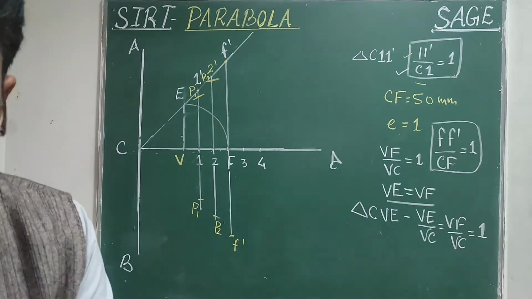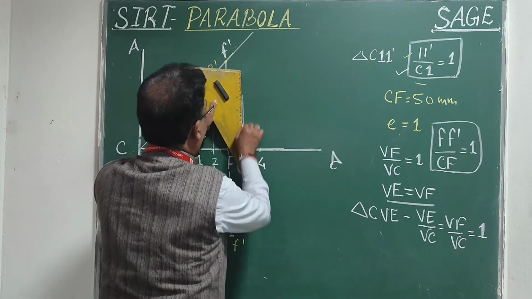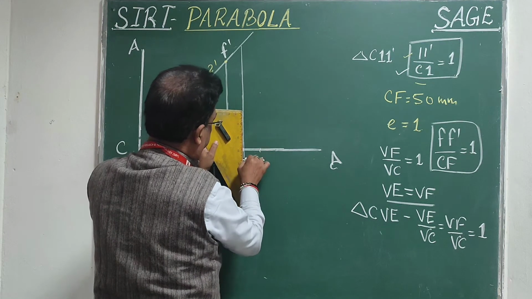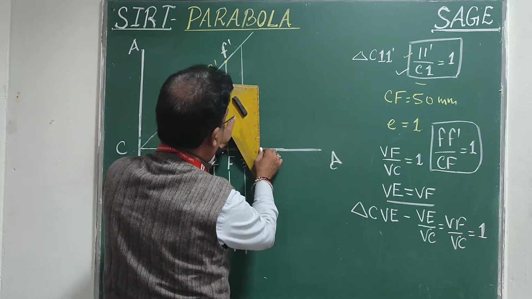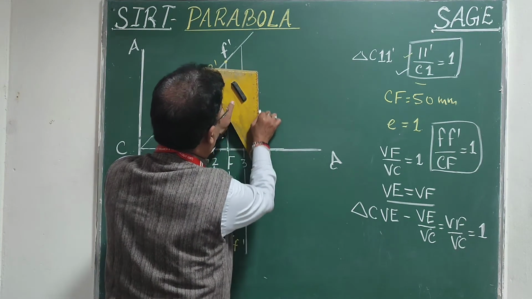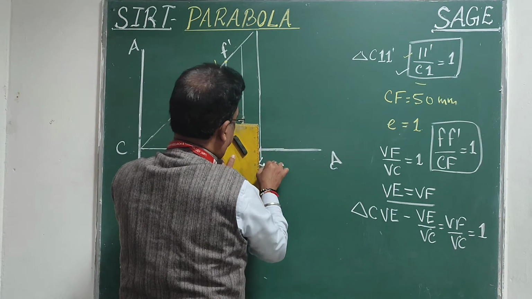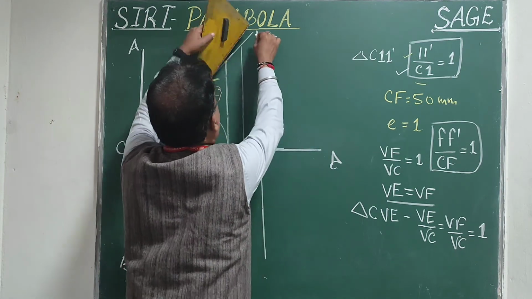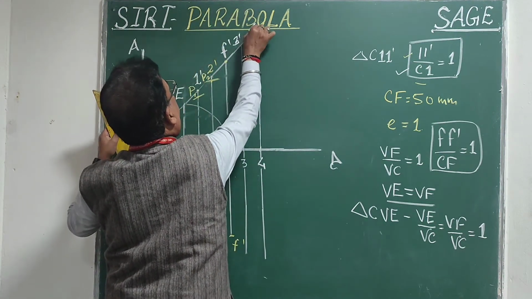The same method I will apply at these points 3 and 4. That is the same method. So I can get 2 more points from 3 and from 4 upside there. So that may be 3 dash and 4 dash.